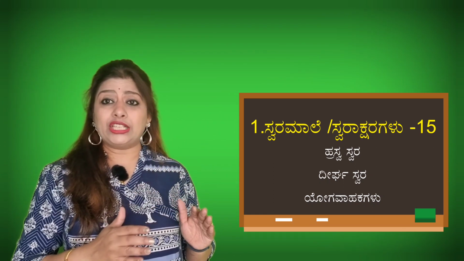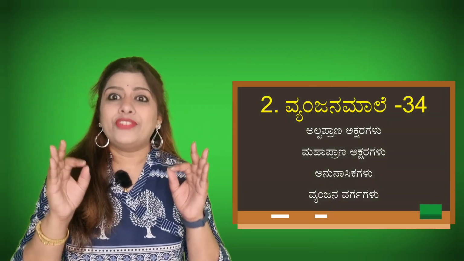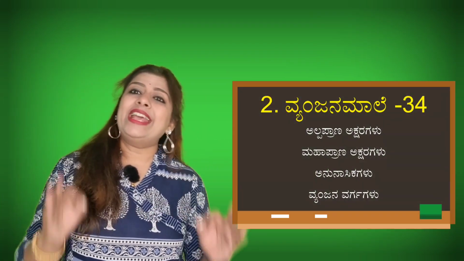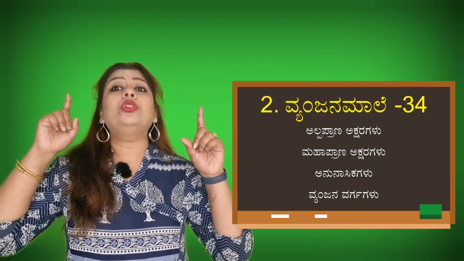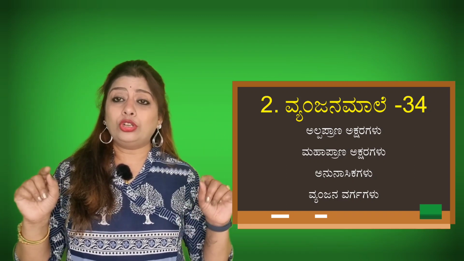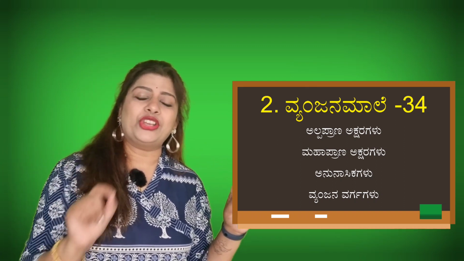After completing these 4 concepts, the next concept to learn is vyanjana male, the consonant letters from ka to la. The child will have to learn all the 34 letters of vyanjana male.